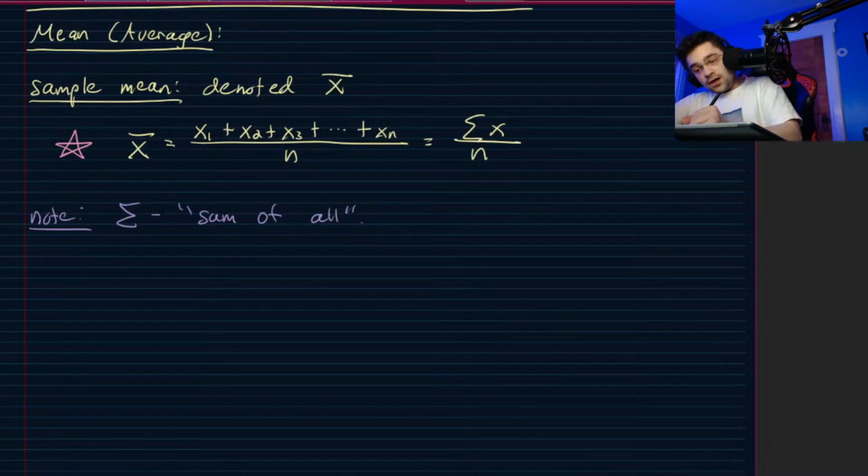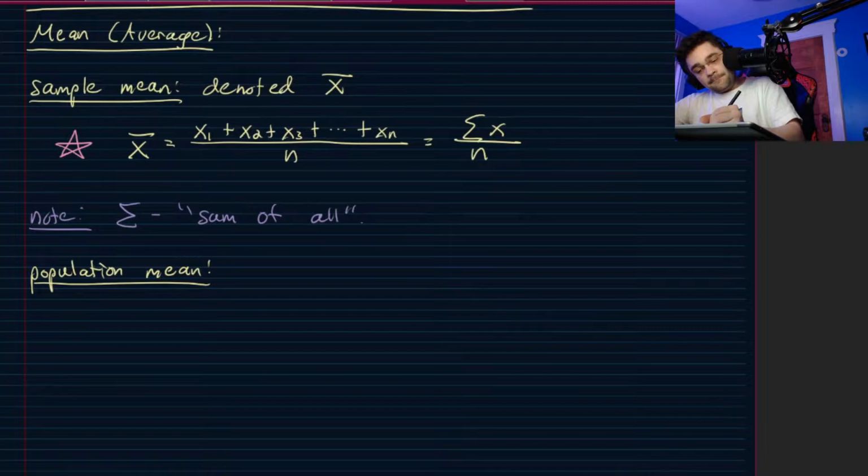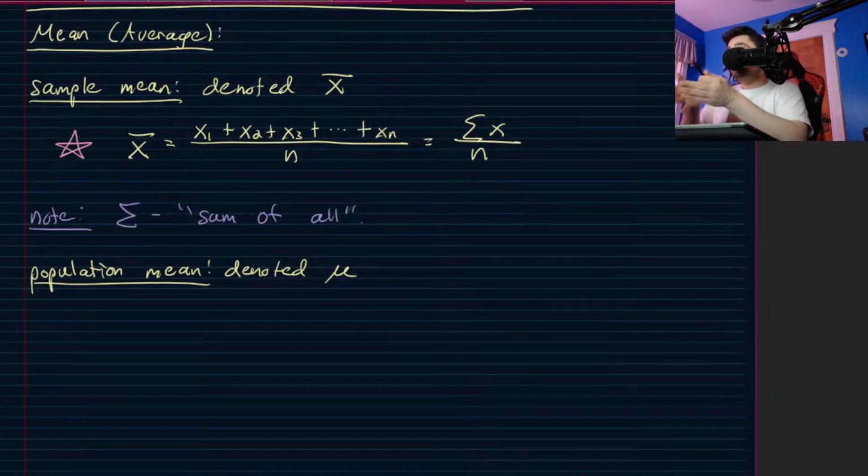And we've also got, of course, population mean. And first of all, the symbol is called mu. So it's another Greek letter, right? They're all Greek letters: mu, sigma, etc., etc. It's mu. So whenever you see, by the way, another little note.